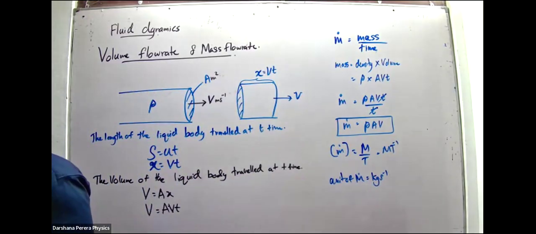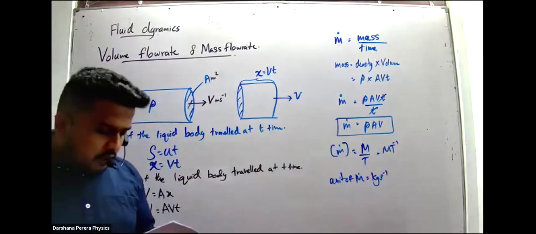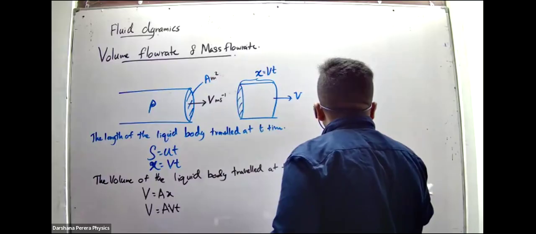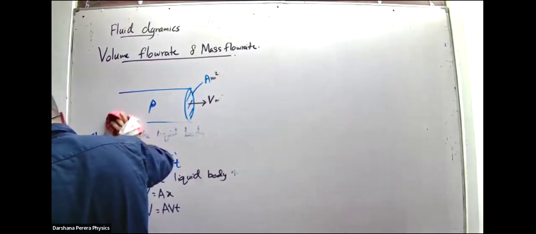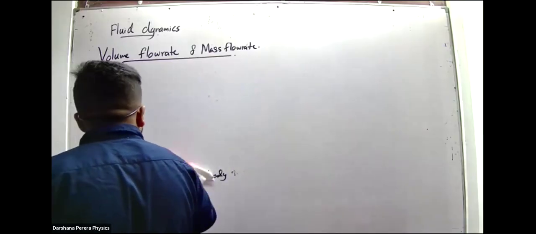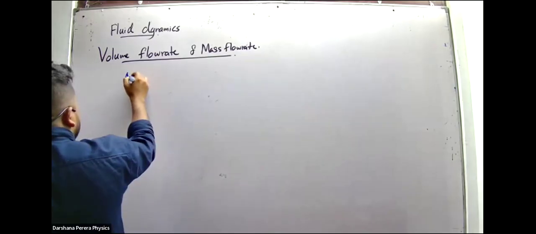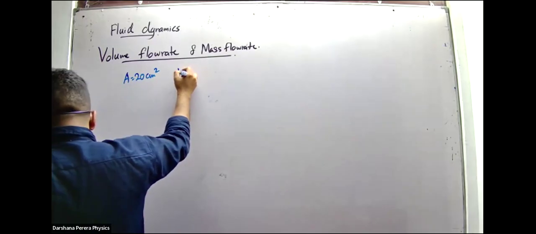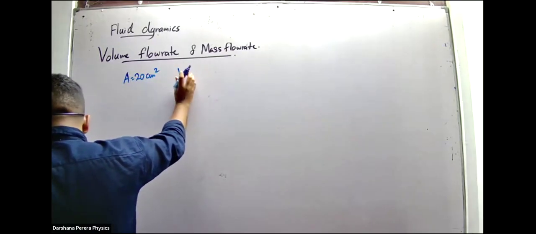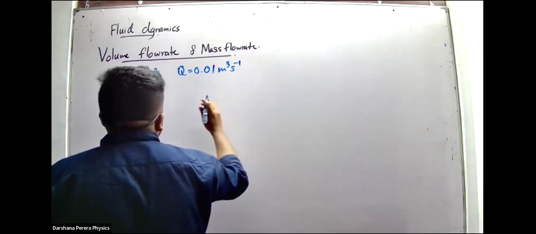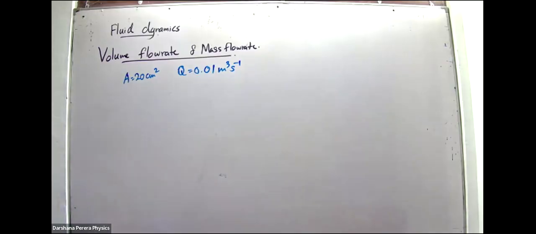Okay, write down a problem. A tube has a cross section of 20 cm squared and having a flow of 0.01 m cubed s to the minus 1.